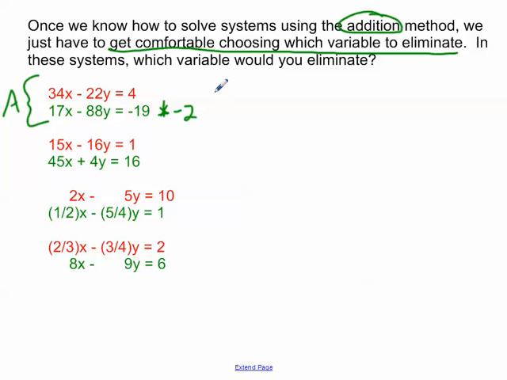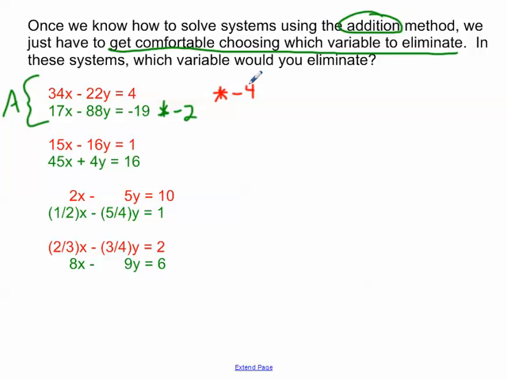You could also choose, and neither one of these is correct or incorrect, to multiply the red by negative 4. In a different scenario, you'd multiply all terms in the red by negative 4, and this would be different from multiplying the green by negative 2.